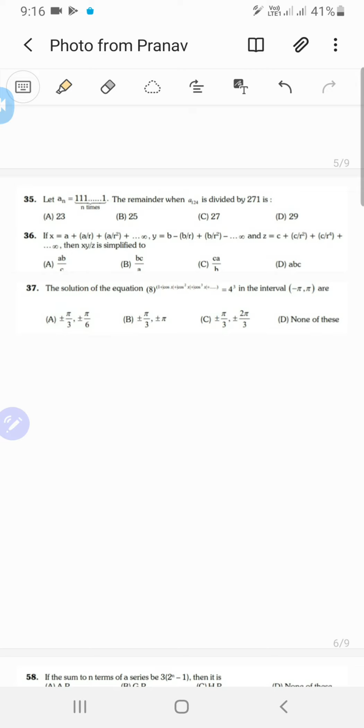So there are 124 of them. Let's see what happens when you multiply 271 by something. What remainder do you get?